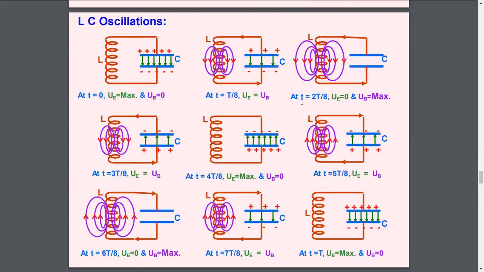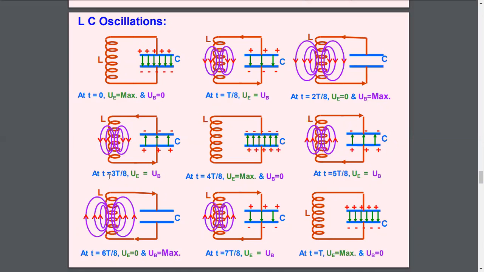And at time T by 4, the electrical energy becomes 0 and the magnetic energy becomes maximum. Now there is no charge over this capacitor, so almost all the electrical energy is transformed across the inductor.